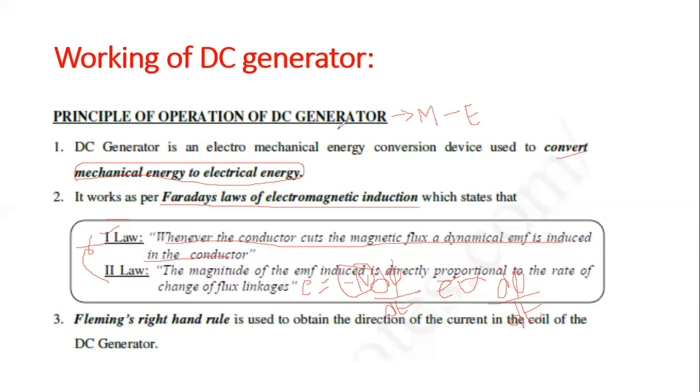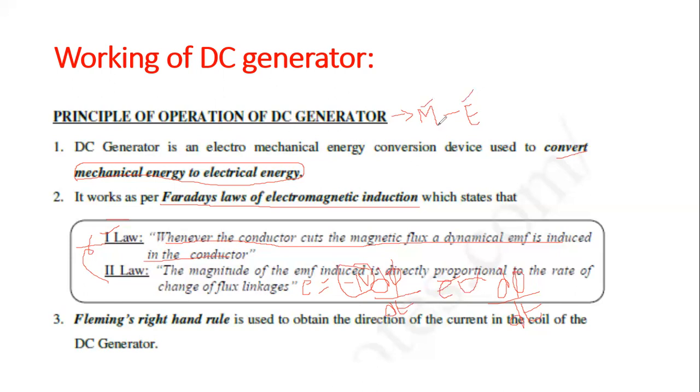That electrical supply is used for household applications. That is the main function of a DC generator. It is an electromechanical energy conversion device used to convert mechanical energy to electrical energy.